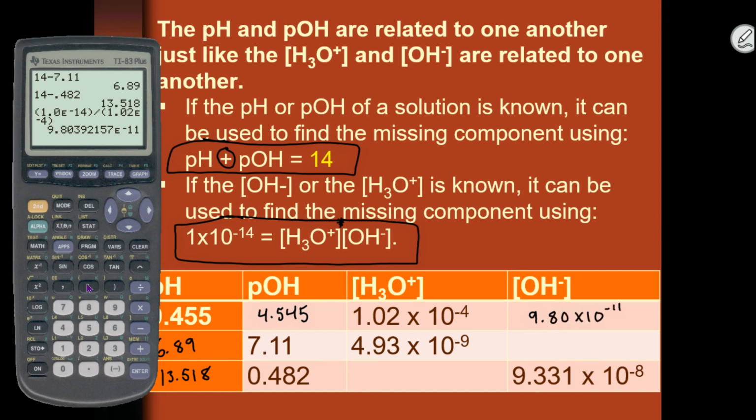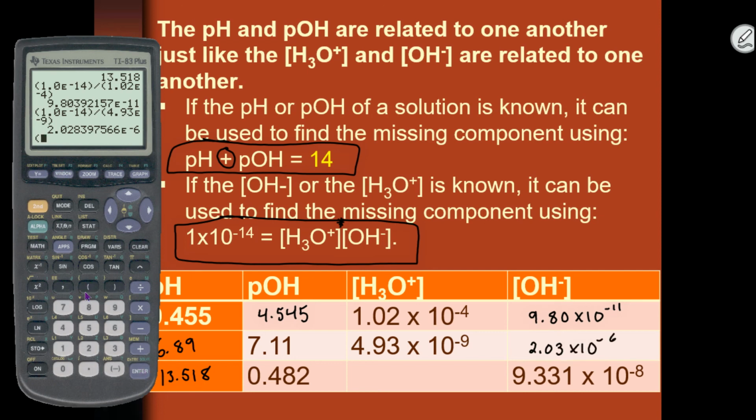I'm going to do the same thing. 1.0 E negative 14 divided by 4.93 E negative 9. And I'm going to get 2.03 times 10 to the negative 6.